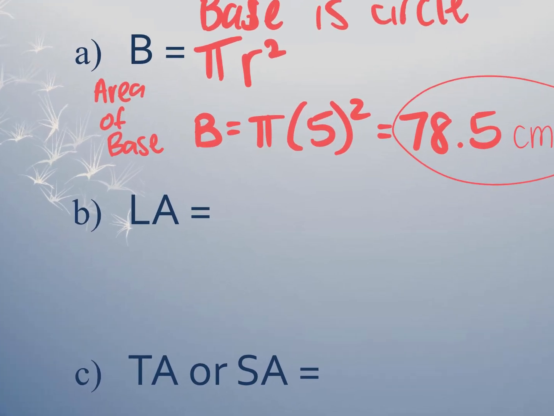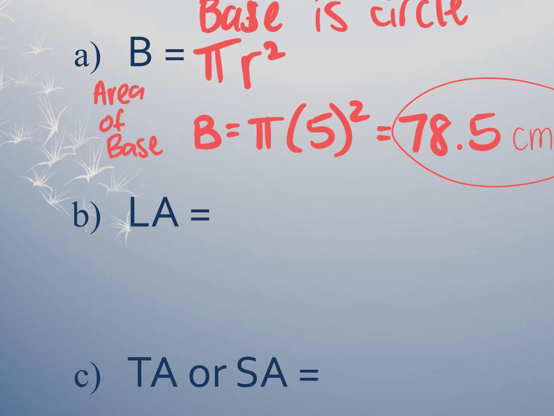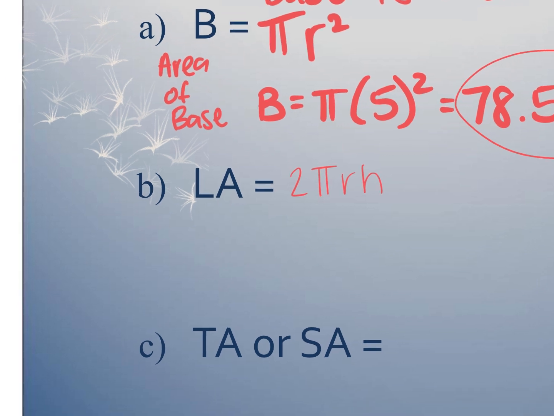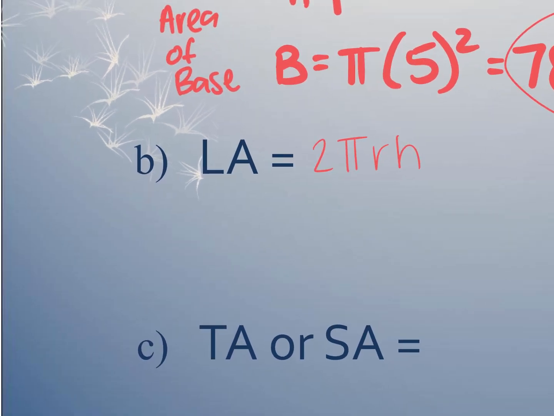Who can tell me what the formula for lateral area is? No, it's not width times height. 2 pi r h. Go back. Just lateral area. Remember, this LA stands for lateral area.